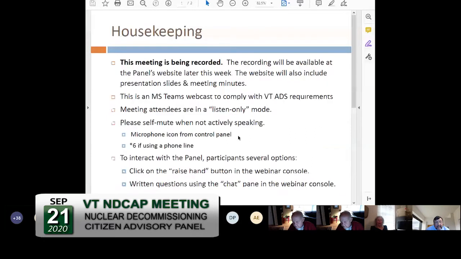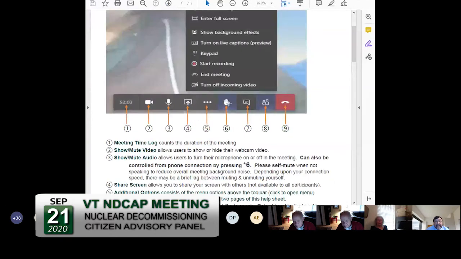Okay, moving on to interacting with the panel. We also have a little raise hand feature, which is being monitored. So if you do have a question, if you do want to speak, you can use this little raise hand icon here that will send a notice to me and to my several technical assistants that you do wish to speak, and we will get to you as soon as we can.